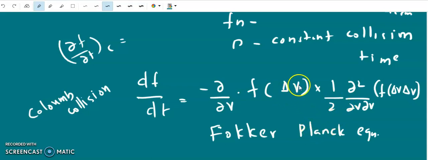Here Δv is the change in velocity in a collision. It's a very complicated equation, a shorthand way of writing a complicated expression. So in the presence of Coulomb collision, the Boltzmann equation will be like this, that is, the ∂f/∂t due to collision term will be this. It will be a complicated term. Okay. Thank you.